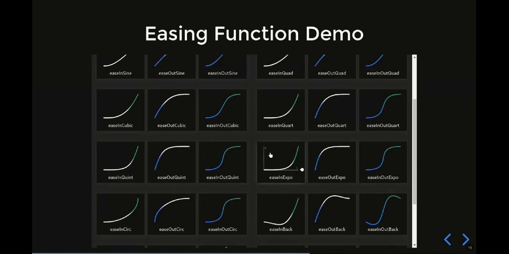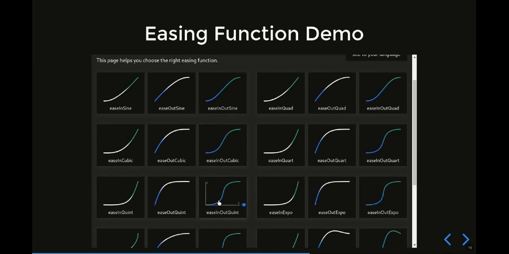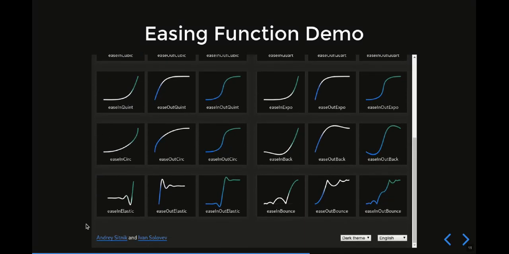If you scroll down a bit, you can get into more complex ones. These S-shaped curves, you can see where the transition is slow at first, then very fast, and then slow again. Even more complex transitions will look like this, where there's actually some fluctuation happening. So you can be pretty specific about how you want this to appear, and it'll give you a slowing down or speeding up effect or a bouncing effect.